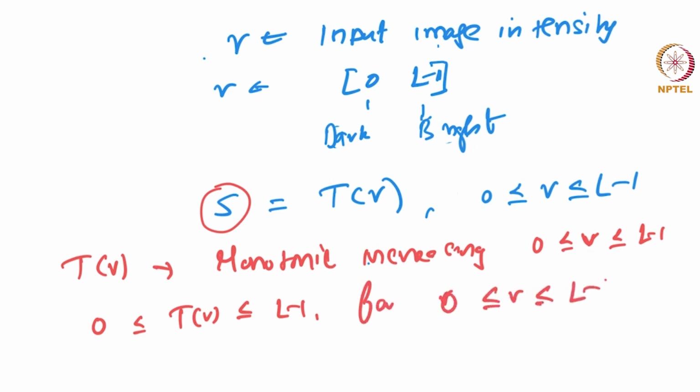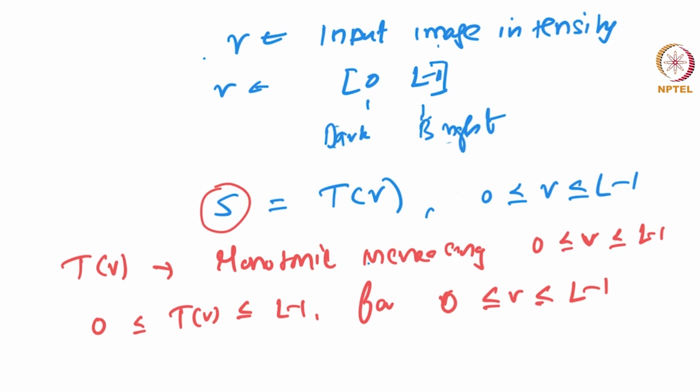So this is basically just a sanity check, right? If you can think of it, we want a 1-to-1 mapping. We want to go from R to S, and we should be able to come from S to R. So lower values of R should lead to lower values of S, higher values of R should lead to higher values of S, and the ordering should be preserved, right? Because we want dark pixels to be dark, bright pixels to be bright, except that we want improved contrast, and we also don't want to go outside the range of values that you work with, right?